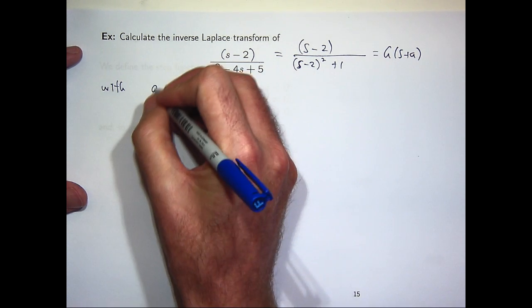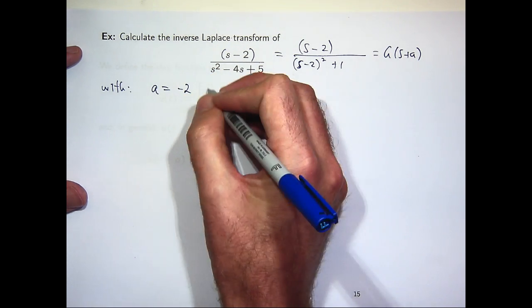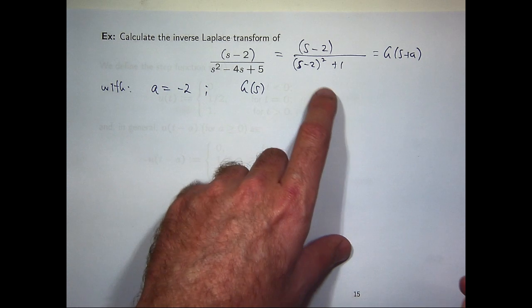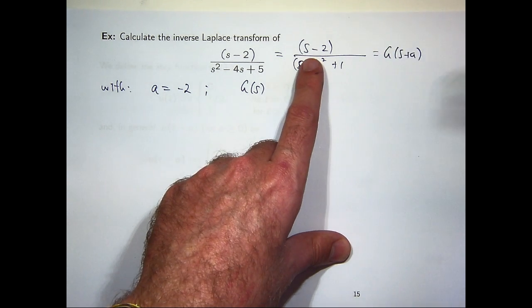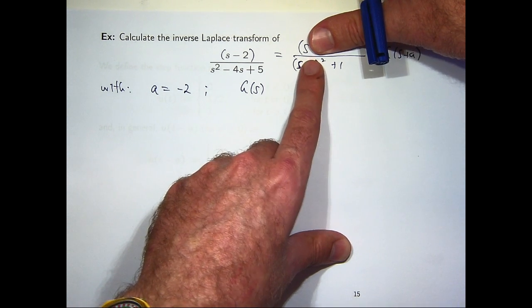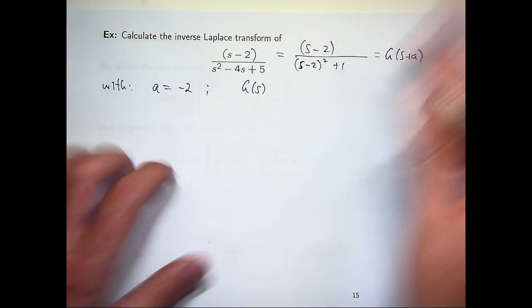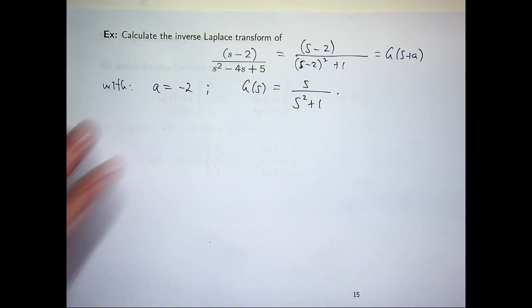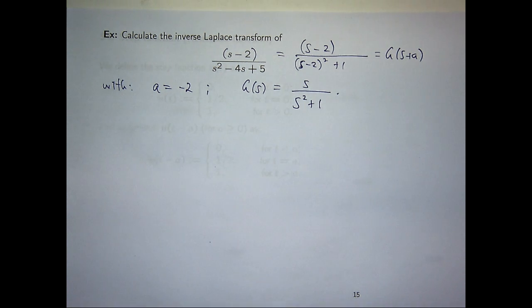So a would be minus 2. And big G of s, well, just replace s minus 2 in brackets with s. I can just cover those up. I'm going to get something like s on s squared plus 1.